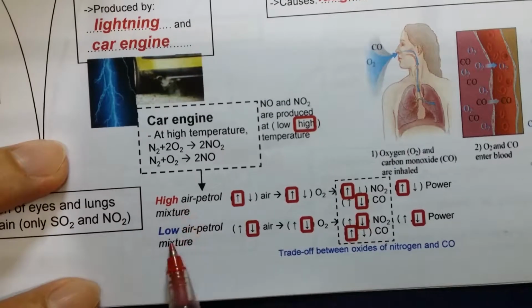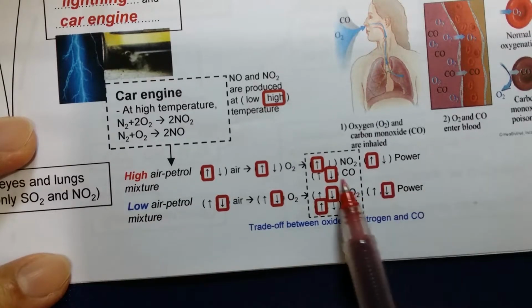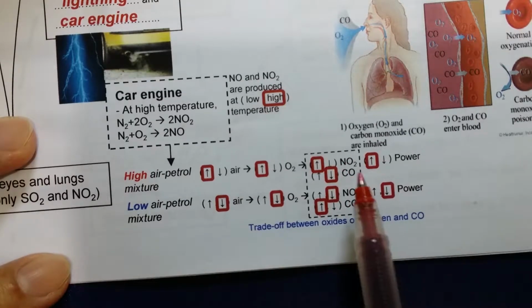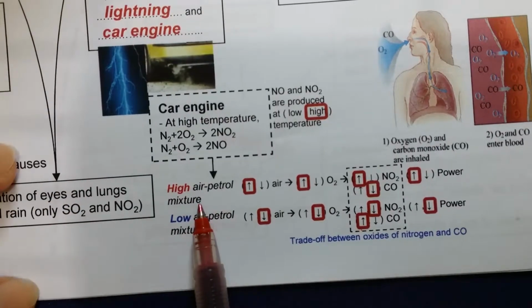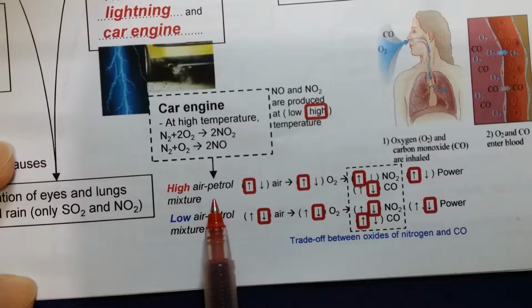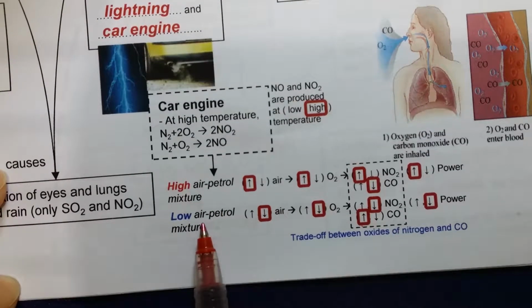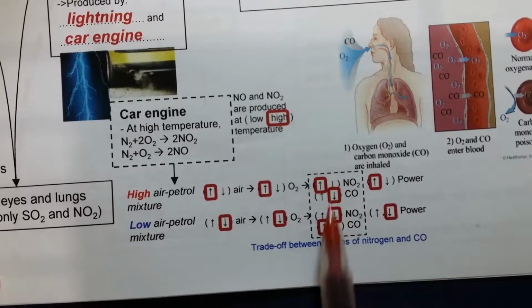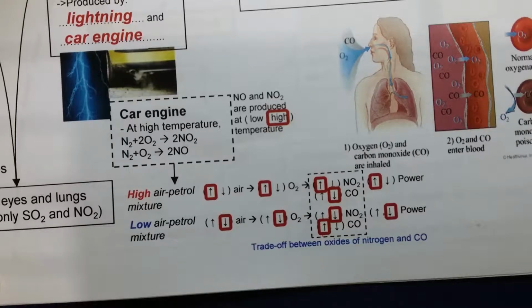So in either of these situations, high air petrol mixture or low air petrol mixture, there will be a lot of pollutants produced. These two are pollutants: nitrogen dioxide, carbon monoxide. So regardless of how you adjust the air petrol mixture, whether you use a lot of air, very little petrol, or very little air, a lot of petrol, there will be a lot of air pollutants produced. The difference would be which air pollutants will be produced more, which air pollutant will be produced less.